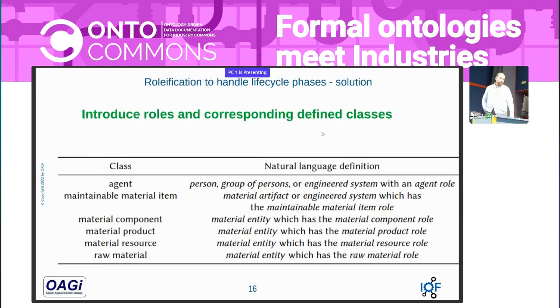So to solve this problem, one of our strategies is to introduce various roles and corresponding defined classes for these roles, which are defined through the has role property. And here we see those classes: agent, maintainable material item, material component, product, resource, and raw material.